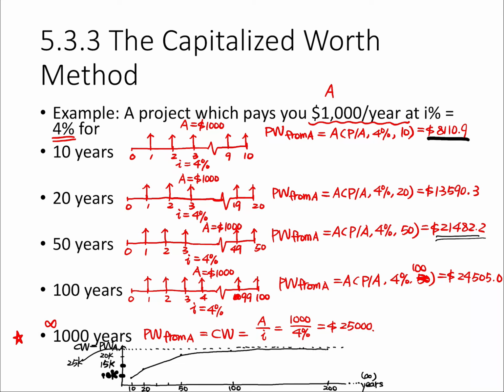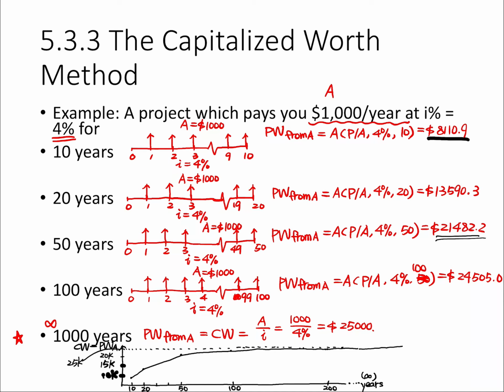If you connect these dots, you're going to have a curve opening to the bottom and getting closer and closer to this dotted line, which gives you the 25K as your present worth value.